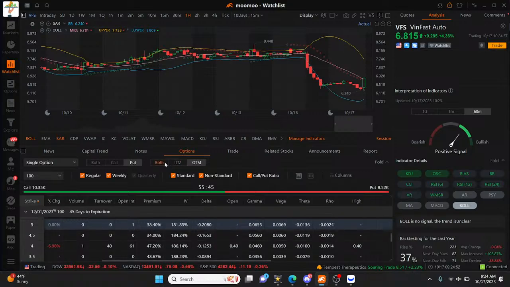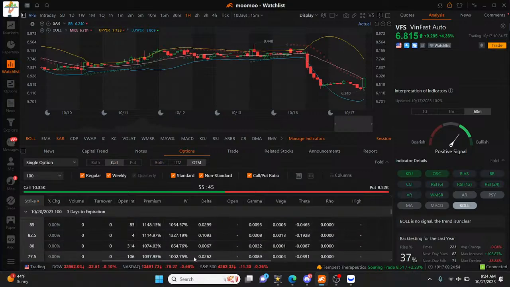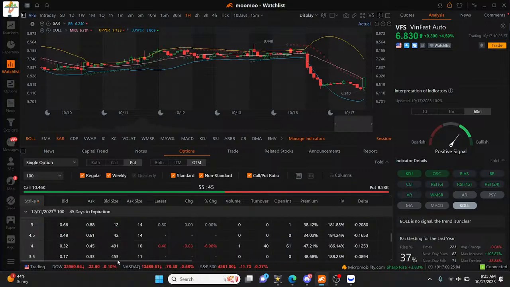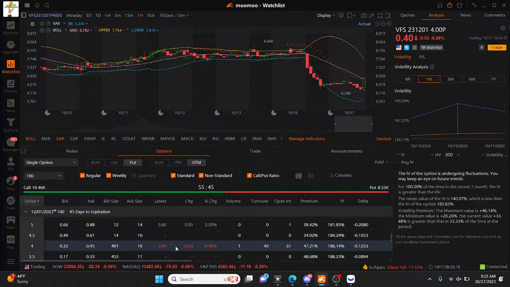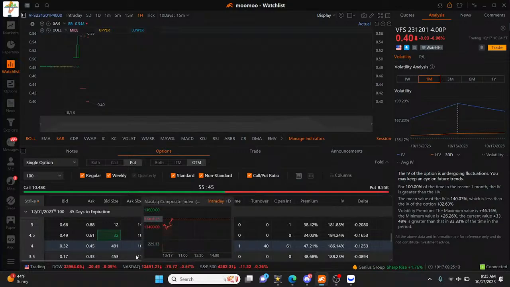If you're looking at calls, it's going to be positive. What that delta is, after $1 of movement, that is going to be added to the premium cost of the contract. This contract here currently sits at 40 cents.